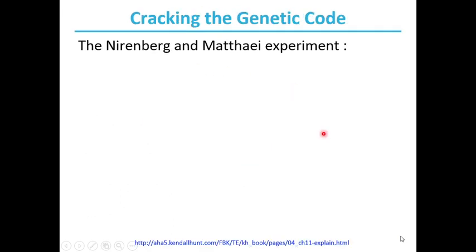Cracking the genetic code was never easy. One of the key questions that remained was, what were the three-letter code words for each amino acid? So in 1961, Marshall Nirenberg and Heinrich Matthaei reported their first breakthrough.